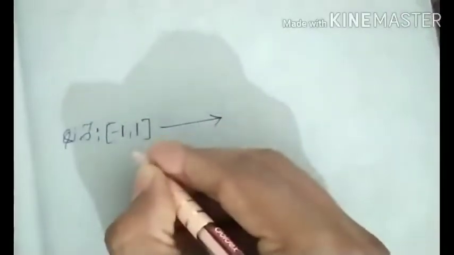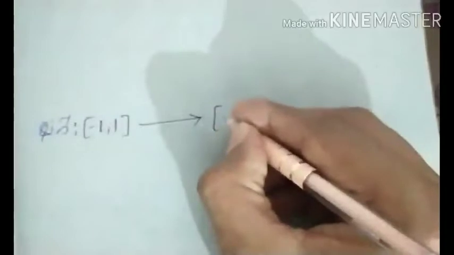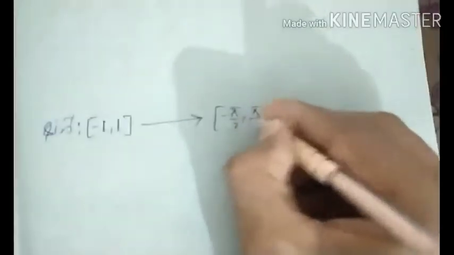I am going to write the branches of sine inverse x, such that minus 1 to 1 is its domain, and the range is minus pi by 2 to pi by 2.